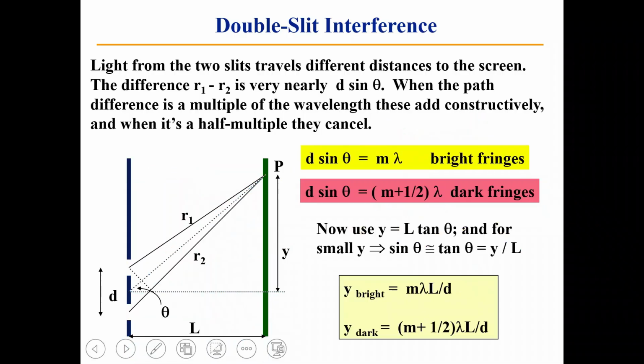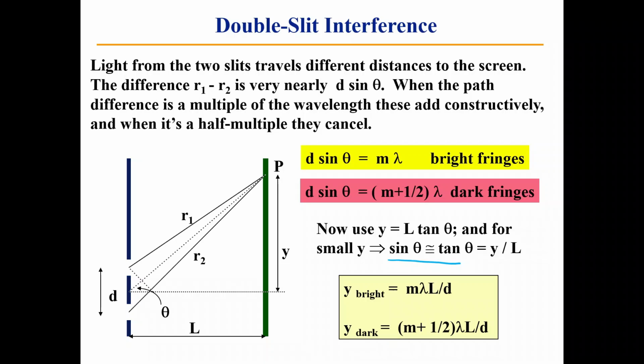Now, as long as our Y is small, you could use an approximation, which you don't have to worry about, that when Y is small, sine theta and tan theta are approximately the same value, because if Y is very small, then you're going to have mostly an adjacent side of your triangle.